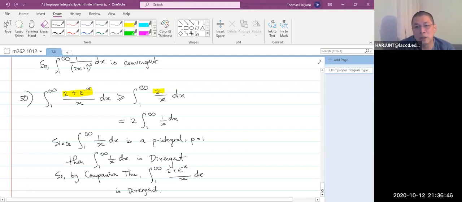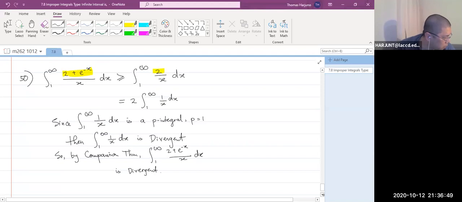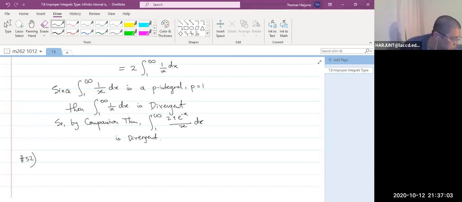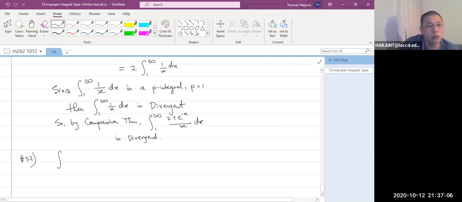Like what I said earlier, this part here, they don't give us a lot of problems, but it's nice to explore this. Let's see number 52. They definitely don't give us enough problems though. Number 52, integral from 0 to infinity of arctan of x over (2 plus e to the x) dx.